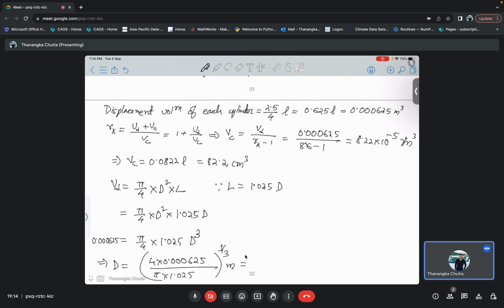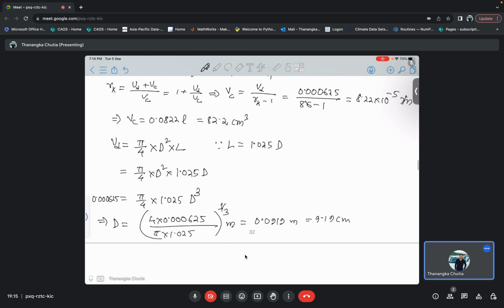4 into 0.000625 divided by pi into 1.025, to the power 1 by 3. So you will get this as 0.0919 meter or 9.19 centimeter.